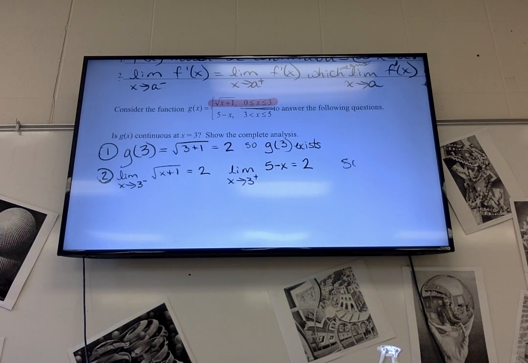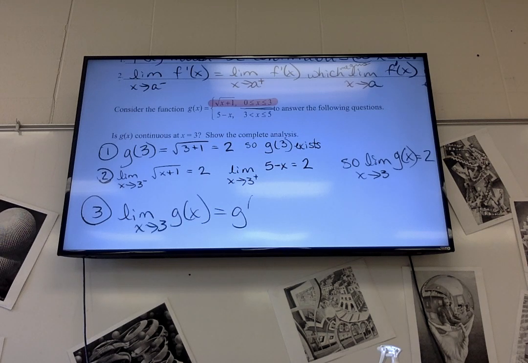So the limit as x approaches 3 of g of x exists and equals 2. And so therefore, the limit as x approaches 3 of g of x equals g of 3.